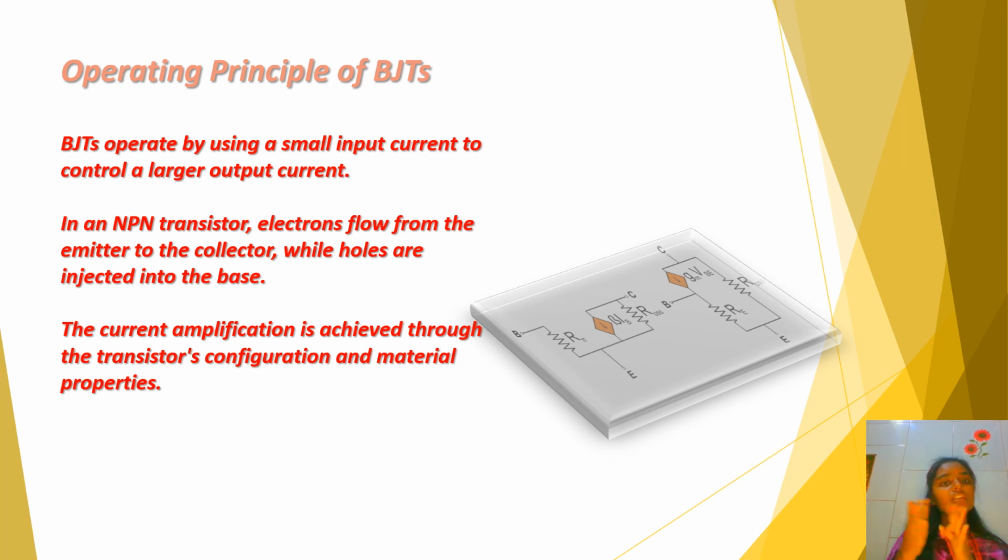The base-emitter junction is forward biased, allowing current to flow from the emitter to the base. The base-collector junction is reverse biased, creating a large depletion region. A small current flowing from the base to the emitter controls a much larger current flowing from the collector to the emitter. In amplification and switching, it works in the active region, saturation region, and cutoff region.